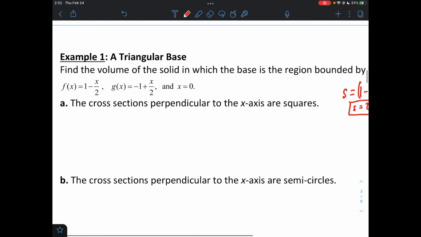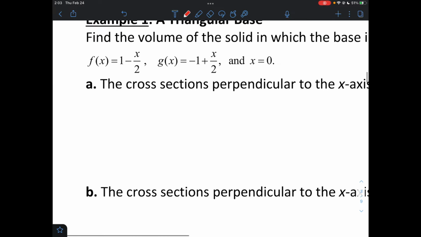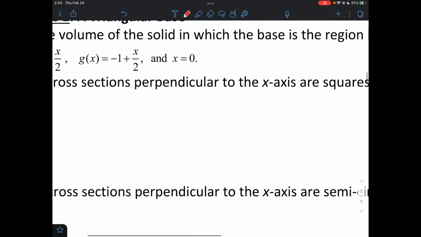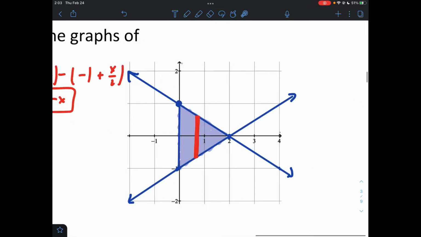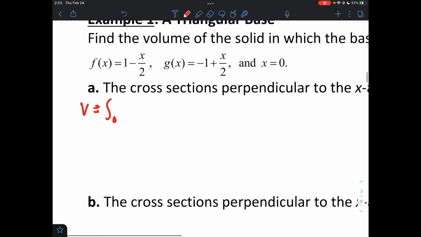So then our volume here is going to be the integral from 0 to 2, because we're moving this back and forth along this line, so 0 to 2, of side squared. And the side is just 2 minus x, so (2 minus x) squared dx.